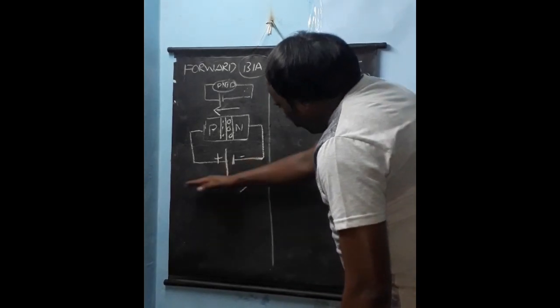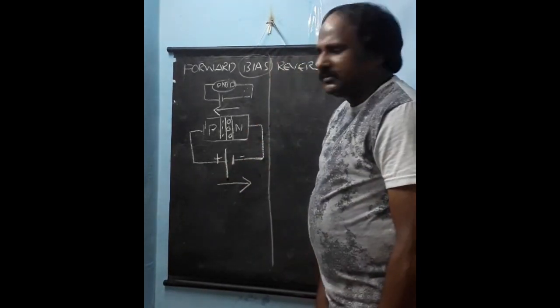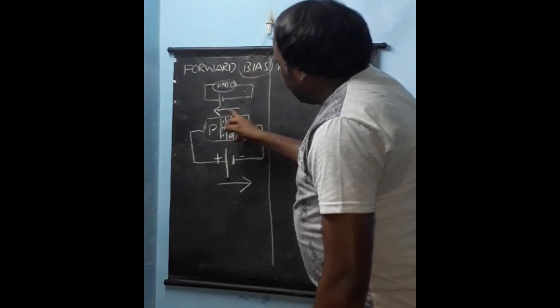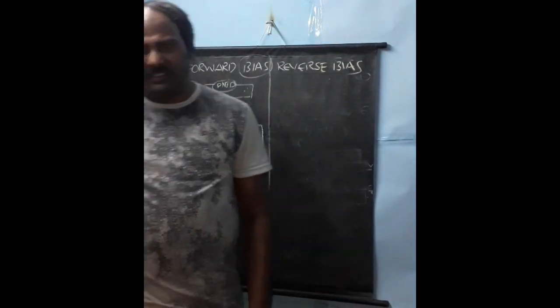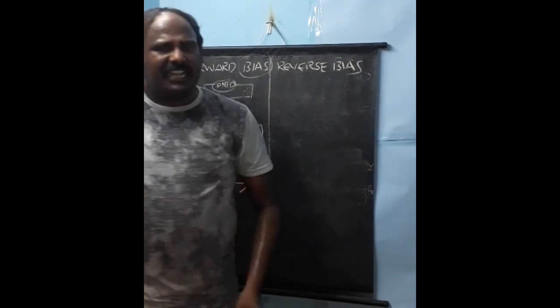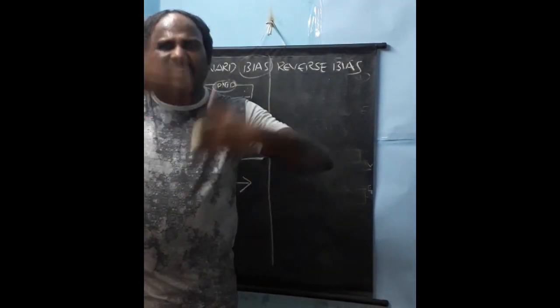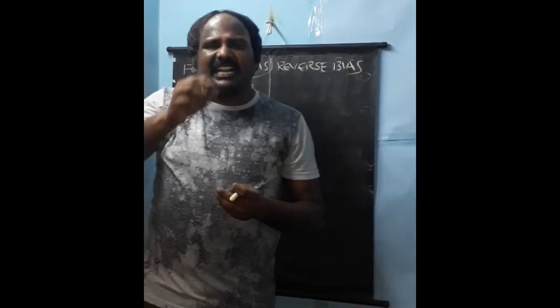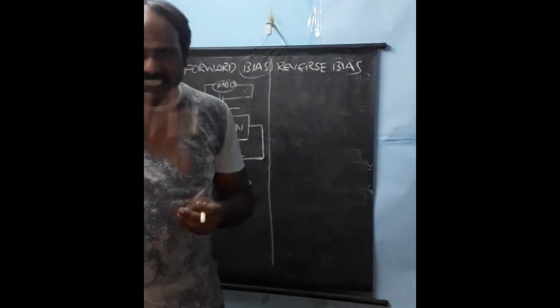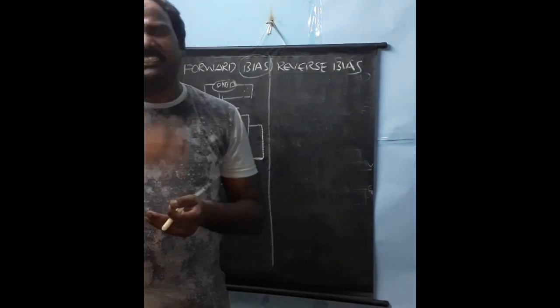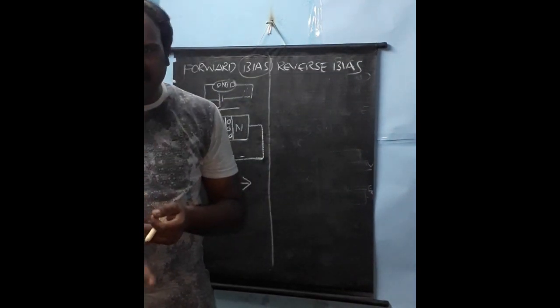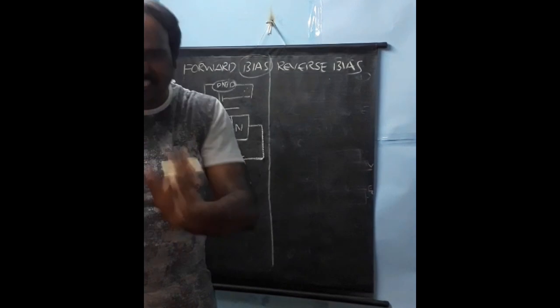The electric field due to the battery is opposite to the electric field due to the depletion layer. One is towards the left side, the second towards the right side. As both are in opposite directions, the resultant electric field decreases. If the electric field decreases, the potential barrier decreases.